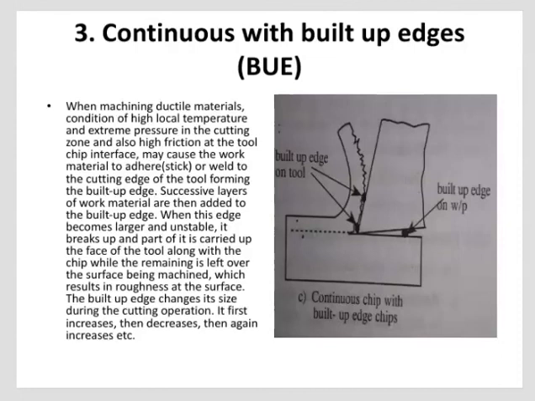When this edge becomes larger and unstable, it breaks up. Parts of it are carried up the face of the tool along with the chip, while the remaining is left over the surface being machined, which results in roughness at the surface. The built-up edge changes its size during the cutting operation. It first increases, then decreases, then again increases, etc.